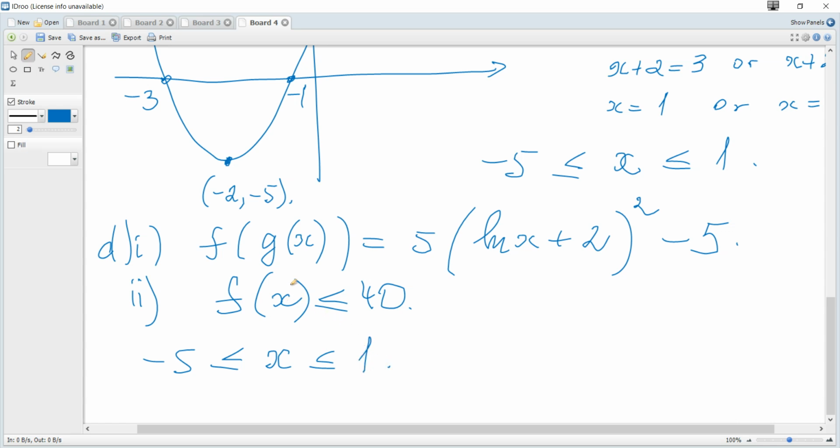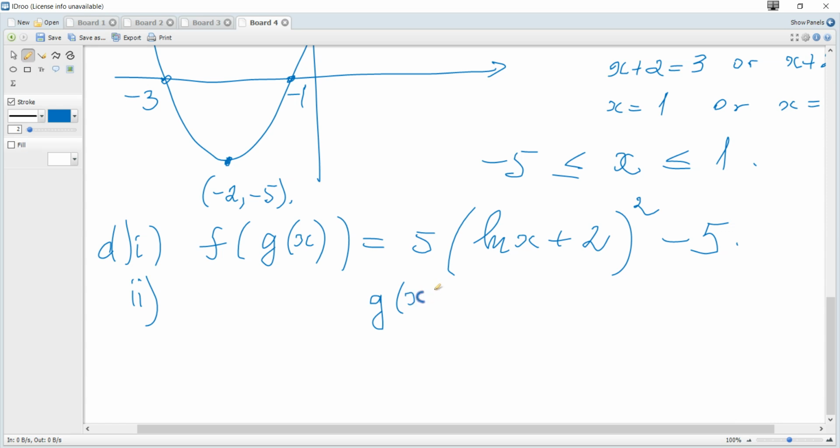But f of something is less or equal than 40, then this something is in this interval. But here it's just g of x instead of x, and hence we can say that g of x is greater or equal than -5 and less or equal than 1.